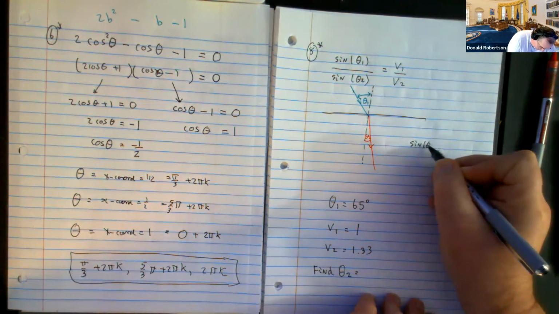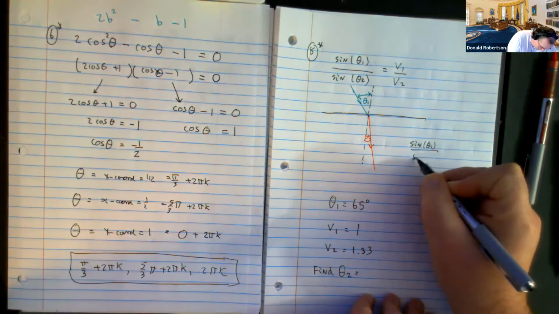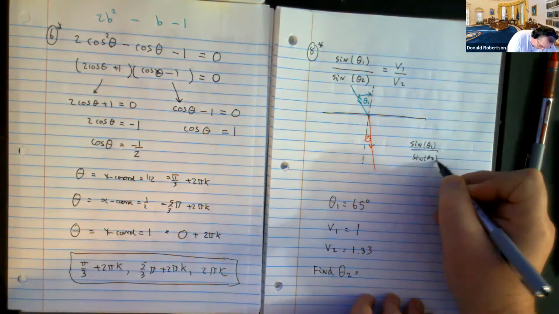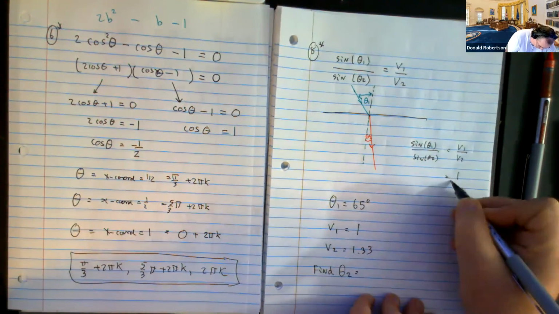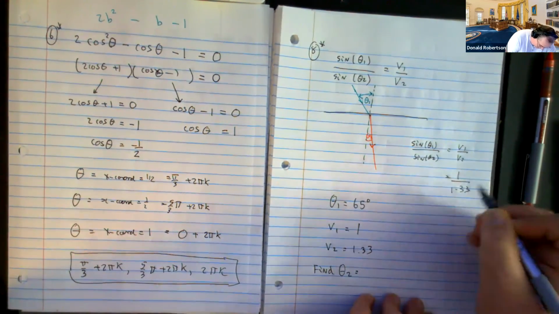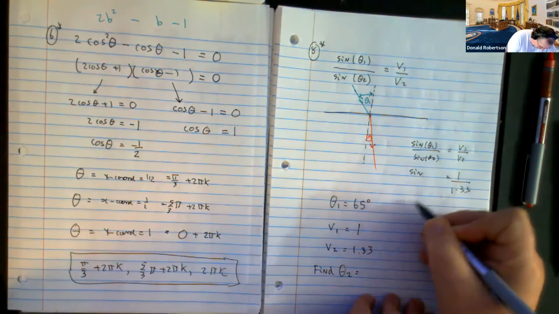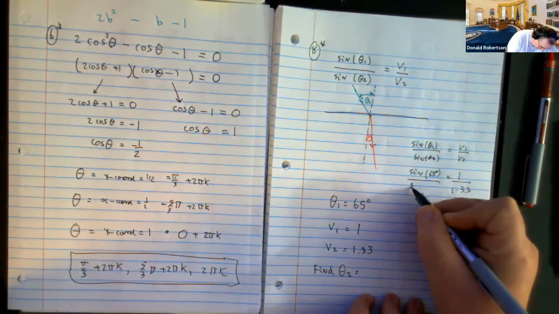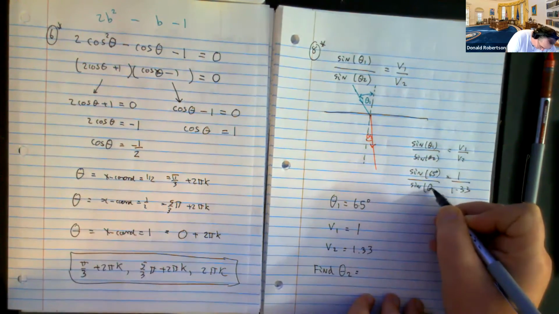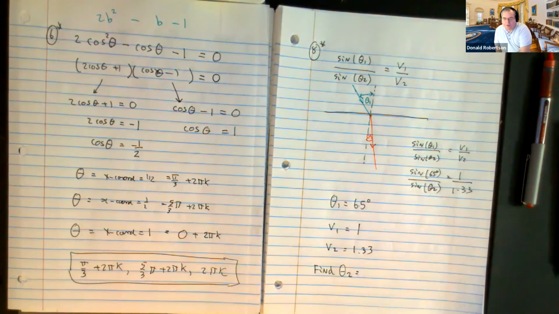So I would begin by rewriting the formula here. That's 1. That's 1.33. That's the sine of 65 degrees. And this is the sine theta 2. So I know 3 out of the 4.